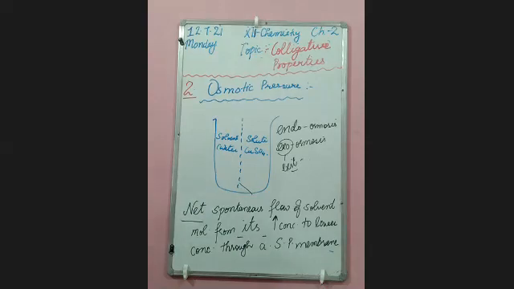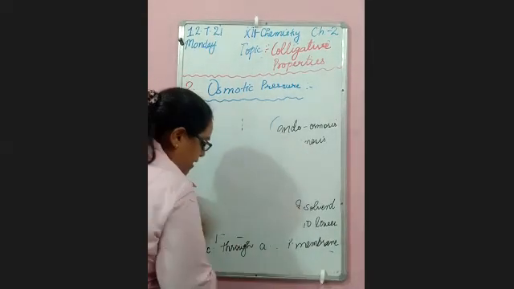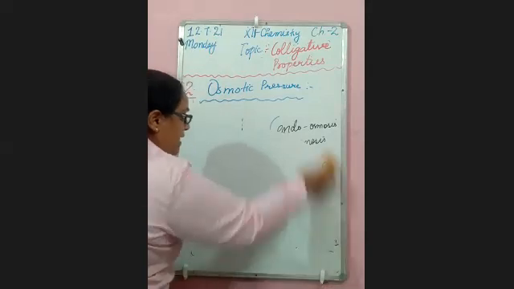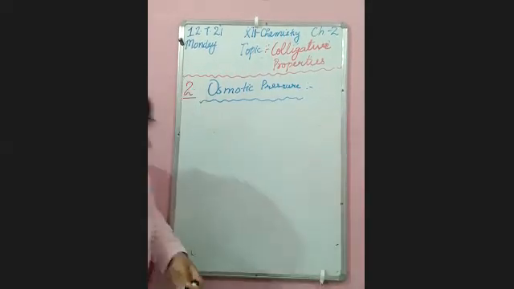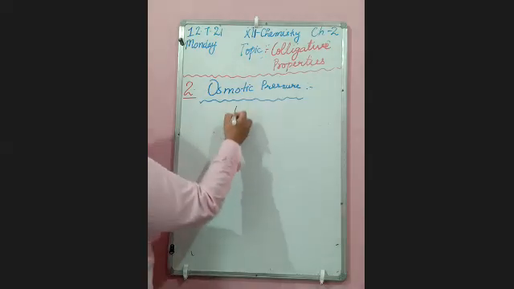So, osmotic pressure is the minimum excess pressure that must be applied on the solution side to prevent the entry of solvent molecules into the solution.